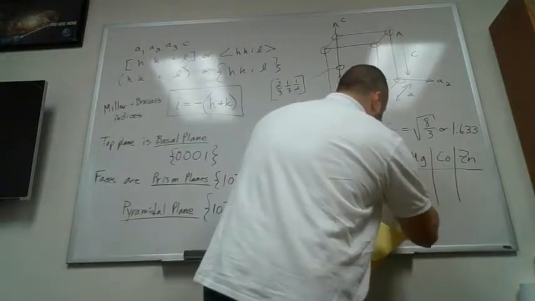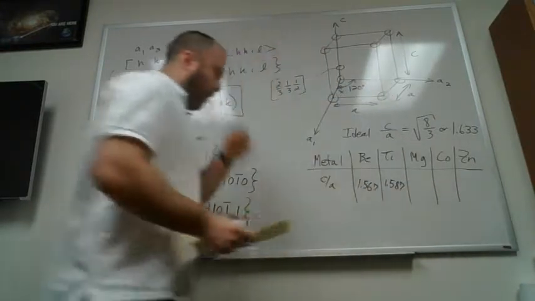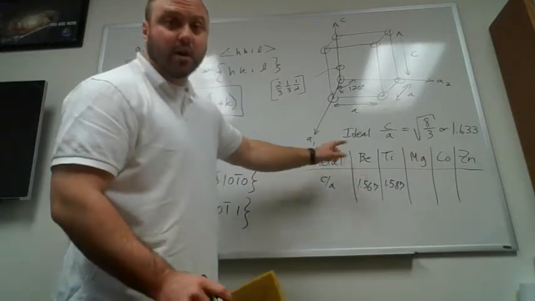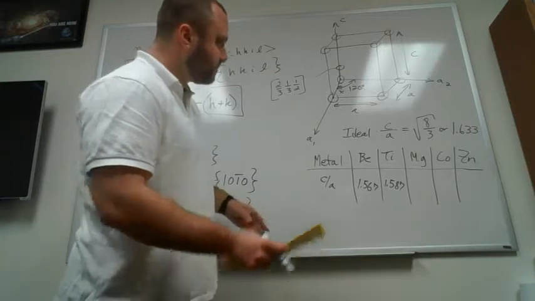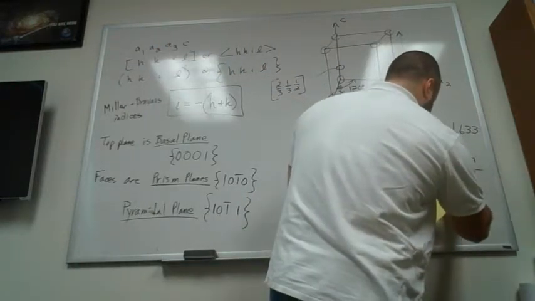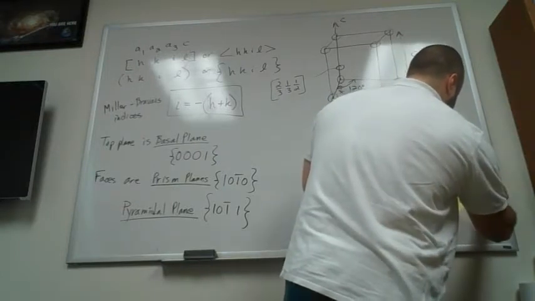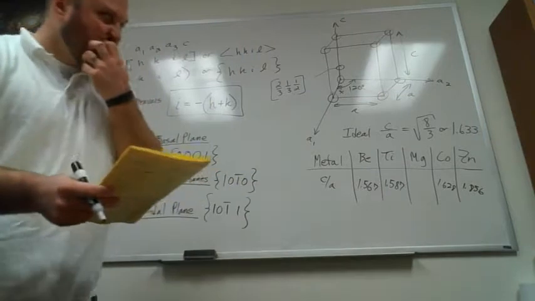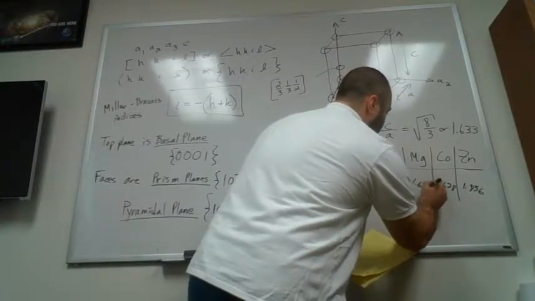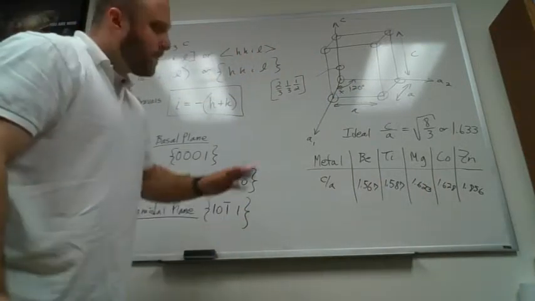So beryllium and titanium are 1.567 and 1.587. So they're lower, okay? Others are bigger. So cobalt is 1.628 and zinc is 1.856. But then magnesium is relatively close. It's 1.623. Not exactly, but it's pretty close, right?